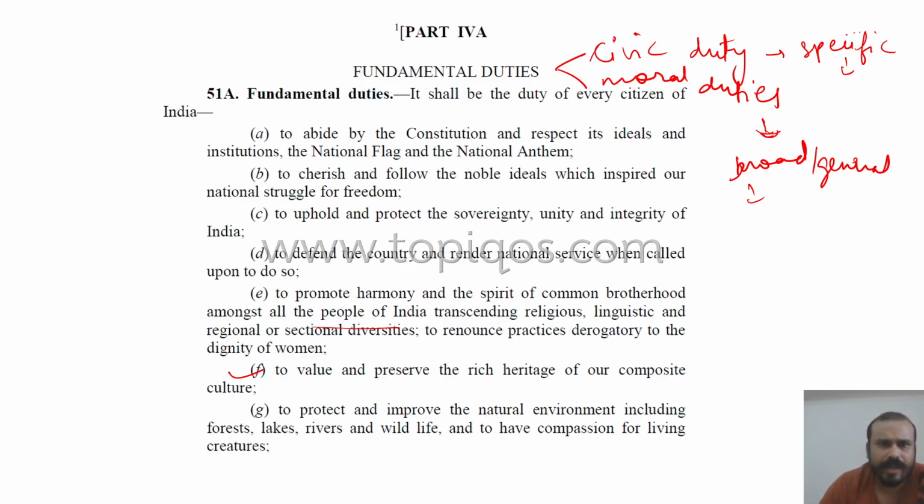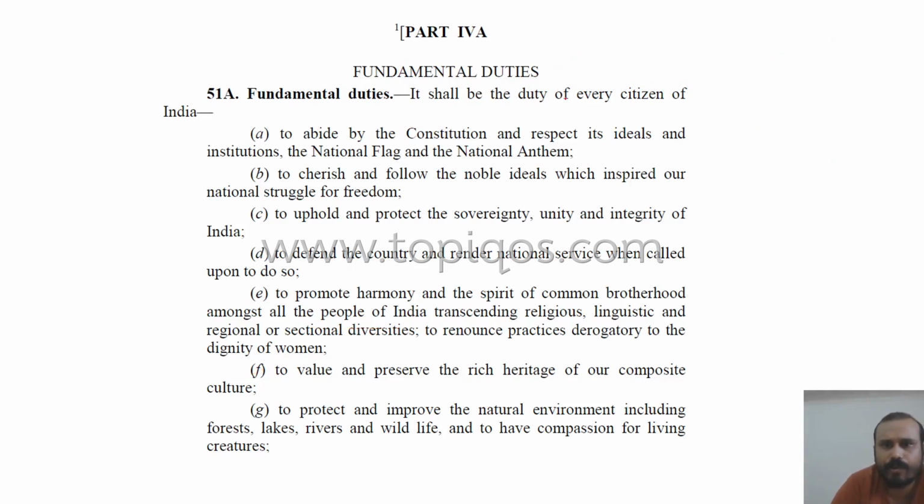So what does Article 51A say? It shall be the duty of every citizen. So the point here is, are only citizens bound by these fundamental duties?